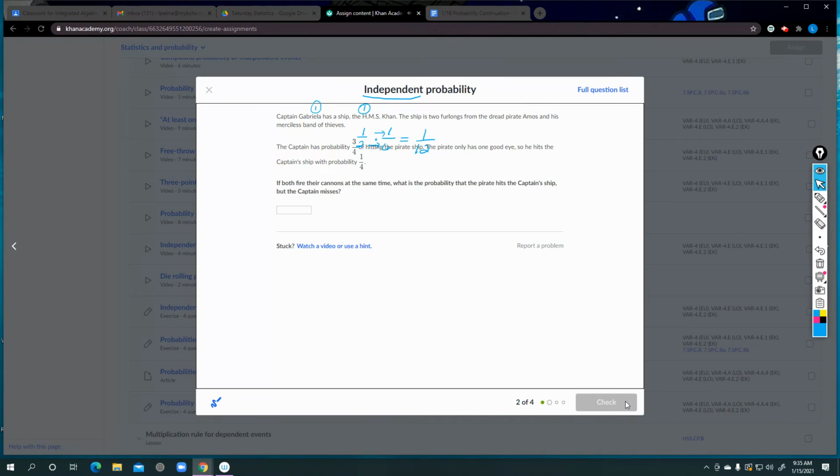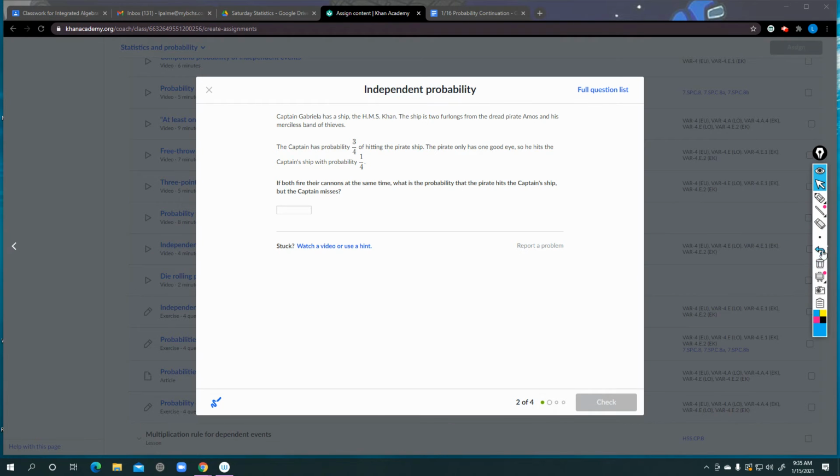Let's try one more just so we can check for our understanding. So we have Captain Gabriella, who has a ship, the HMS Khan. The ship is 2 furlongs from the dread pirate Amos and his merciless bands of thieves. The captain has a probability of 3 out of 4 of hitting the pirate ship.